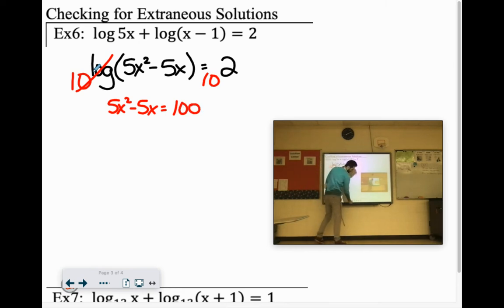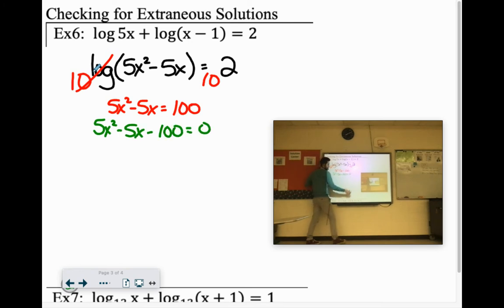Now when you're factoring, you have to have it equal to 0 to do that. So we would have to subtract the 100. The greatest common factor is 5, which will leave us with x squared minus x minus 20. The factors of 20 that are 1 apart are 5 and 4.